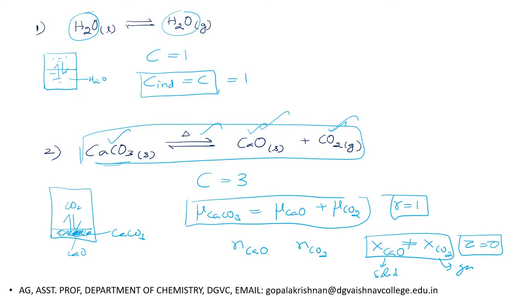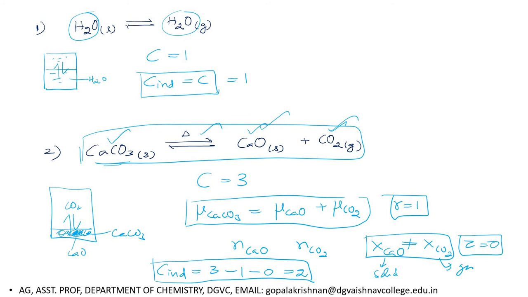Okay, so if we use these values in the formula, we can calculate the number of components. So number of independent components C equal to the number of constituents actually present, that is 3, minus number of equations 1, minus additional condition 0. So 3 minus 1 equal to 2. So number of components in this system is 2. Okay, yeah.